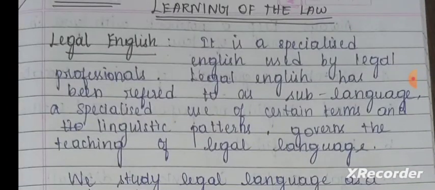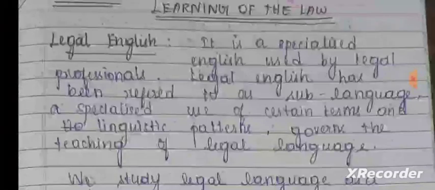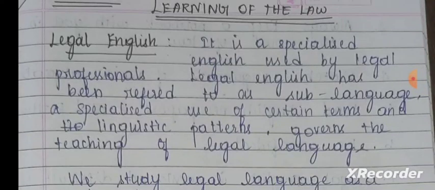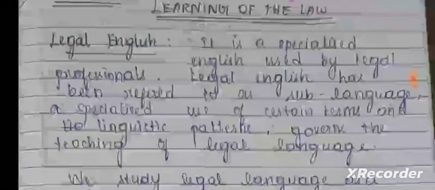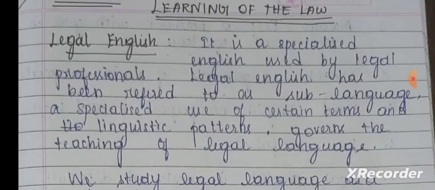We'll start with legal English. What is legal English? We have studied the language called English, but what is legal English? Legal English is the language that is followed by lawyers and advocates, the people who are in the field of law. This is the language which is specifically used by legal professionals.